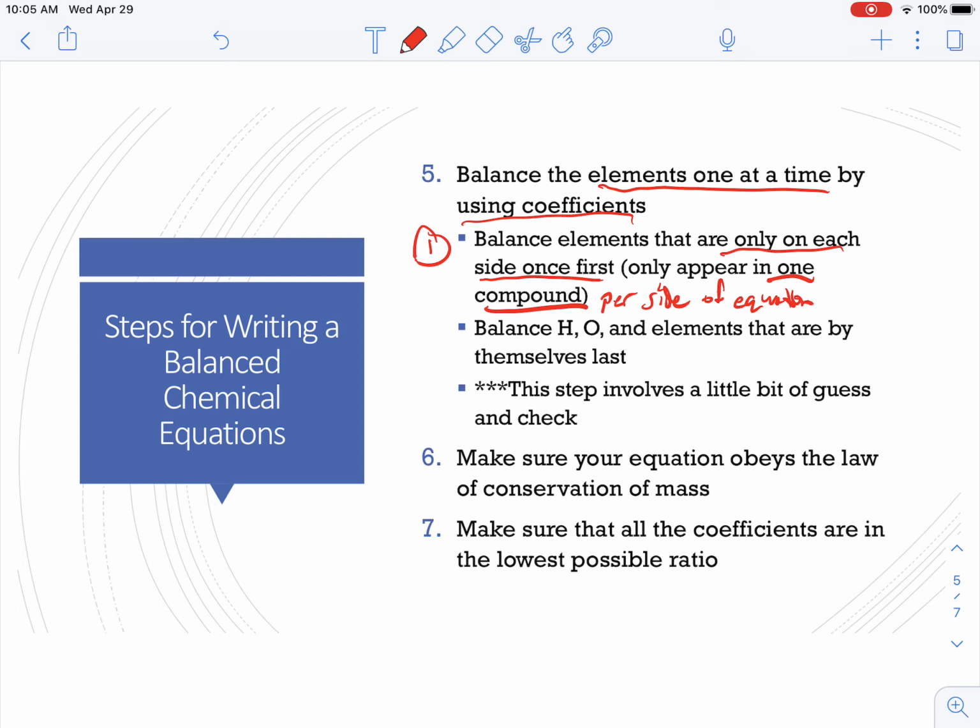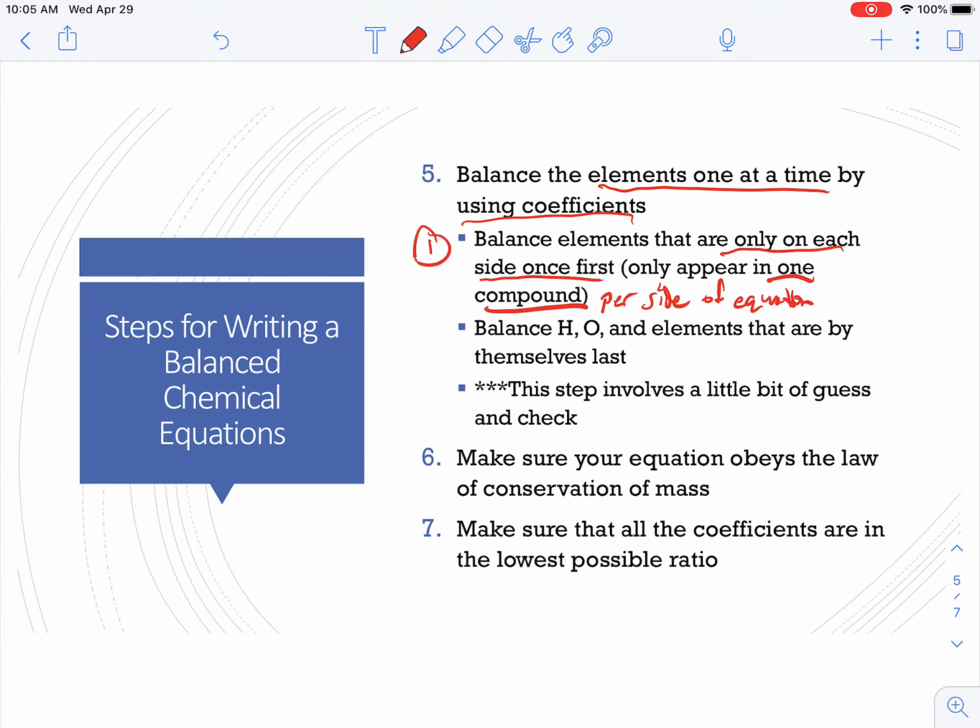Once we balance everything that is only in one compound per side, then we're going to move on to the ones that appear in multiple different compounds. It could be in one of our reactants but show up in 2 of our products.